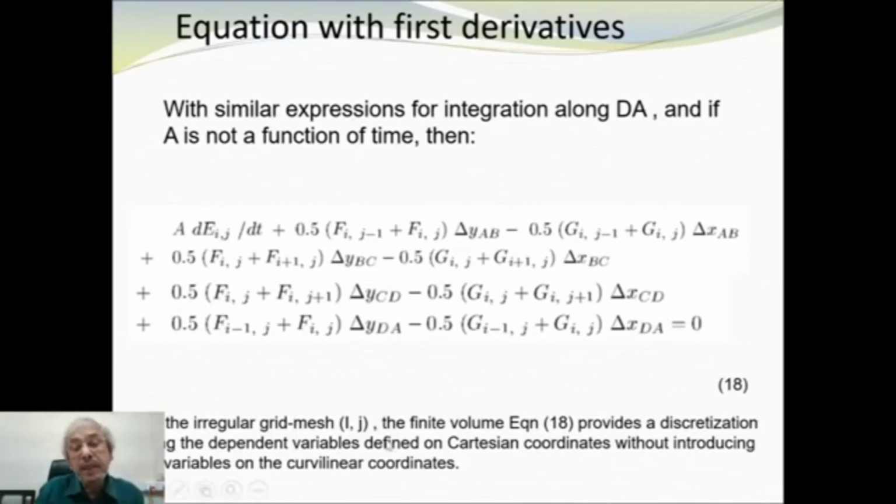So we are writing it here. For the irregular grid mesh, finite volume equation 18 provides a discretization using the dependent variables defined on Cartesian coordinates without introducing the variables on the curvilinear coordinates. After a coordinate transformation, the variable transformation also has to be done, and it's a quite complex process.